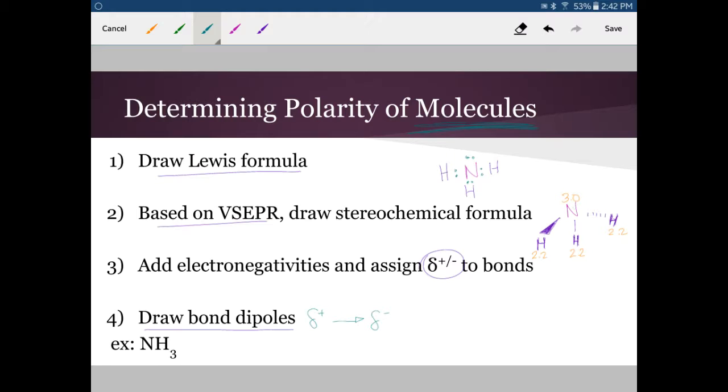Now notice there's no stealing of electrons, the electronegativity isn't different enough. However, there's unequal sharing. Now there's unequal sharing between this nitrogen and this hydrogen, this nitrogen and this hydrogen, and this nitrogen and our last hydrogen. So in general, we have a negative dipole, and we have positive.